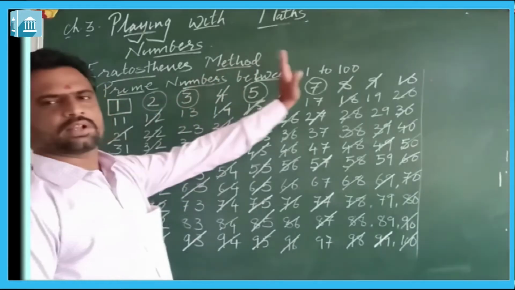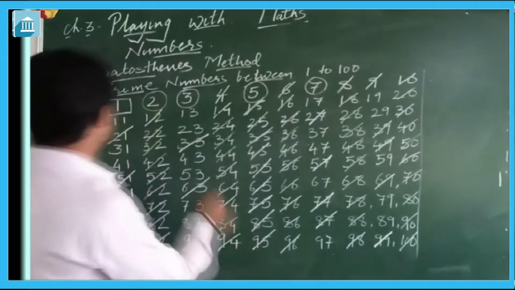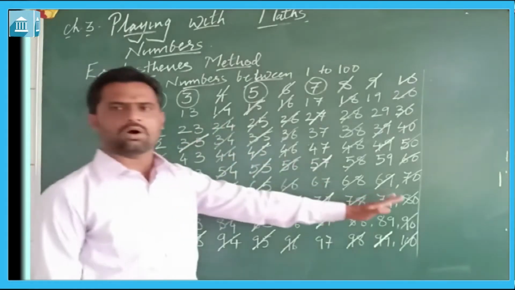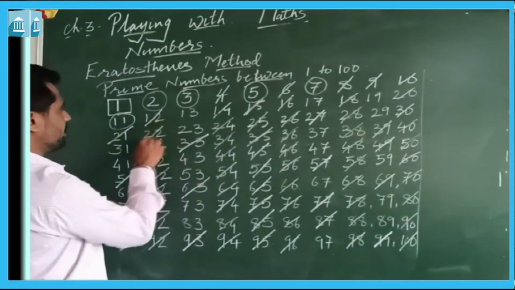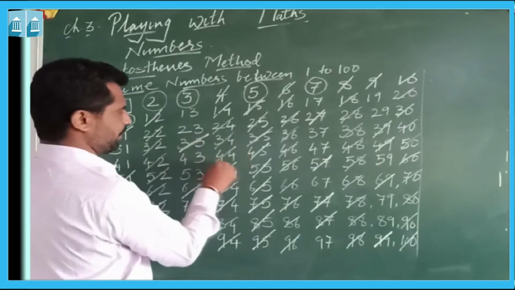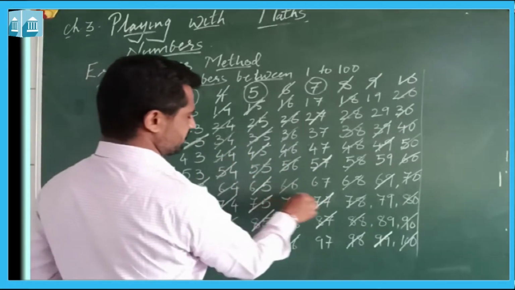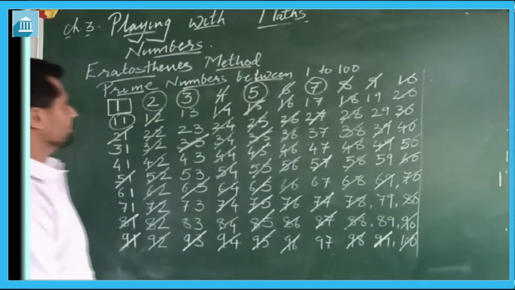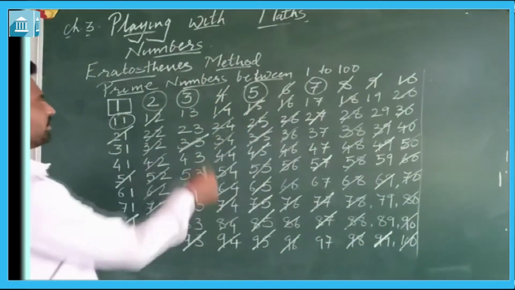Now if we move toward the next number, the next prime number is 11. Now cut all the multiples of 11, that is 22, 33, 44, 55, 66, 77, 88 and 99. Now let us do 13 also.